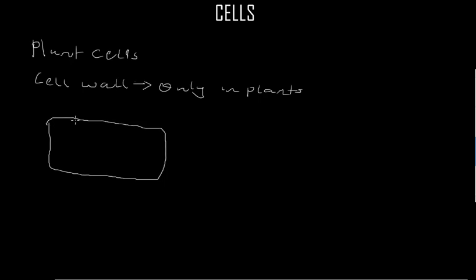With plant cells, they have two outer coverings. So the outermost one is the cell wall. Then they have the cell membrane just right inside the cell wall.